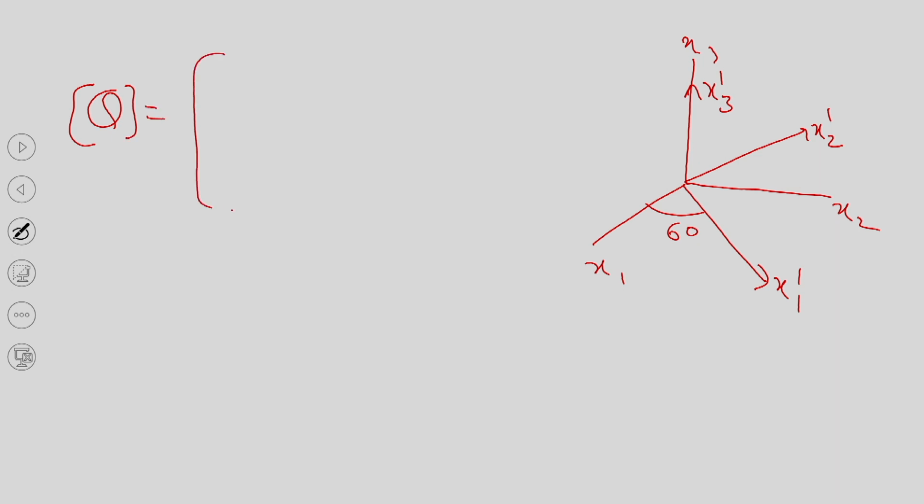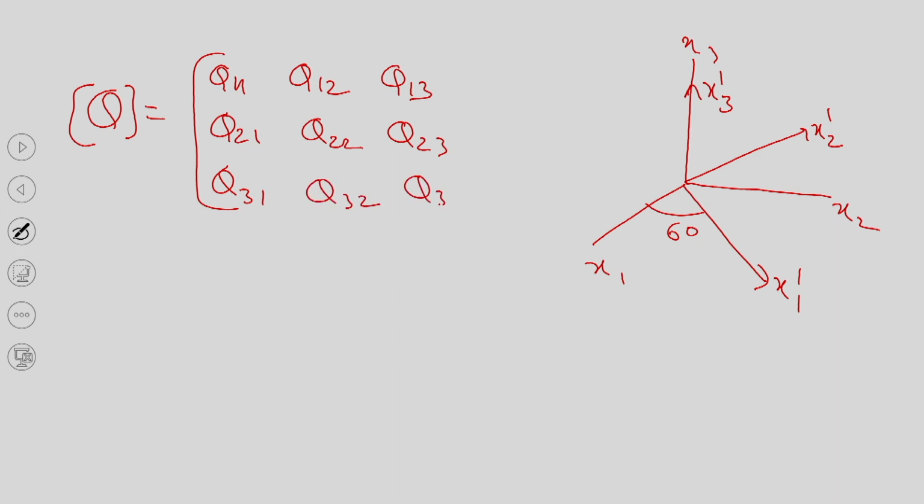First of all, we will write all the elements Q11, 12, 13, 21, 22, 23, 31, 32, 33. The first element, x1 dash is making with x1, what will that be?